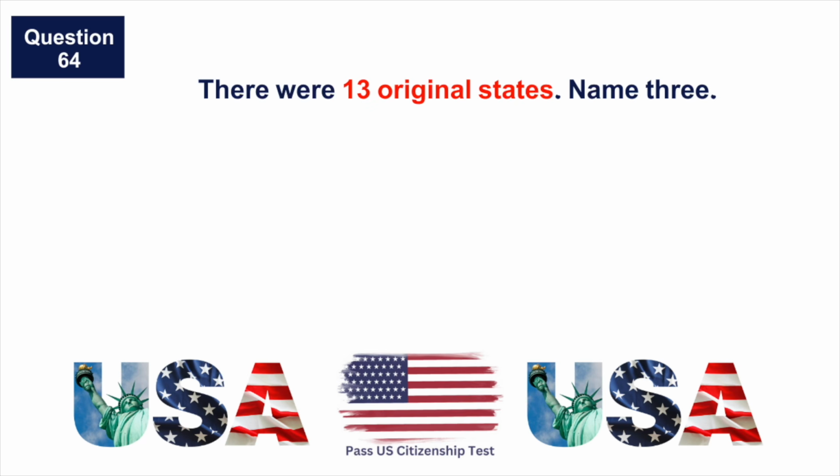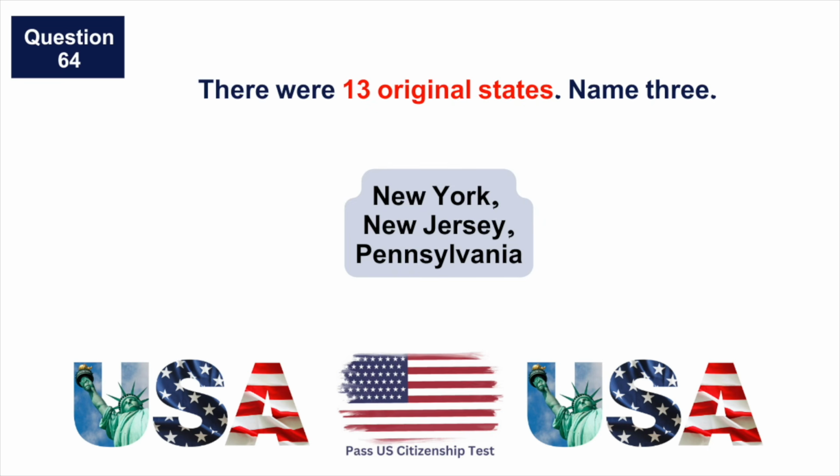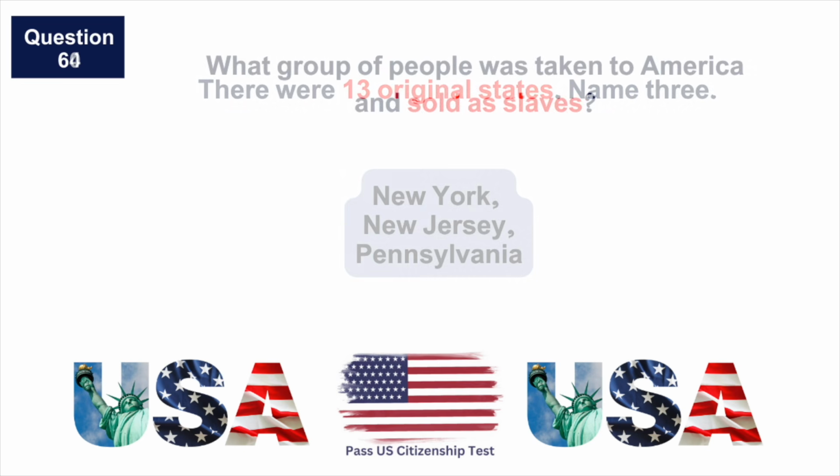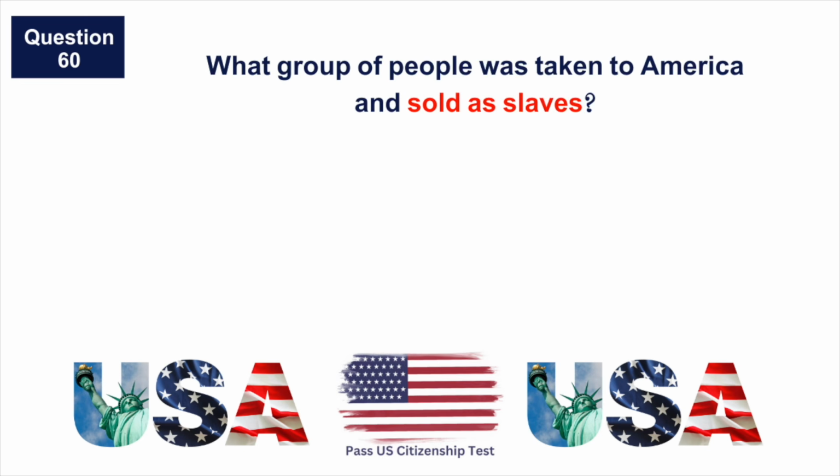There were 13 original states. Name 3. New York, New Jersey, and Pennsylvania. What group of people was taken to America and sold as slaves?